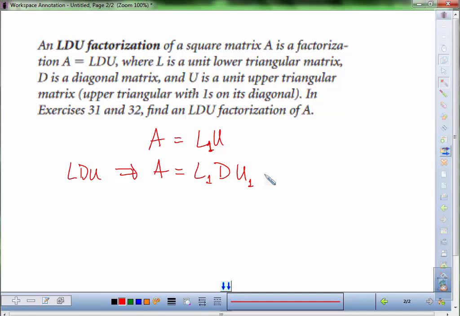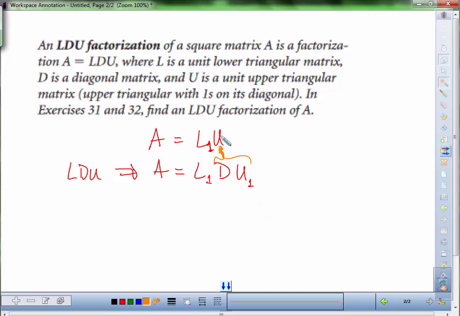Because L is already a unit lower triangular, it looks like the main task is just to break up the U, the regular upper triangular, into a diagonal and a unit upper triangular.